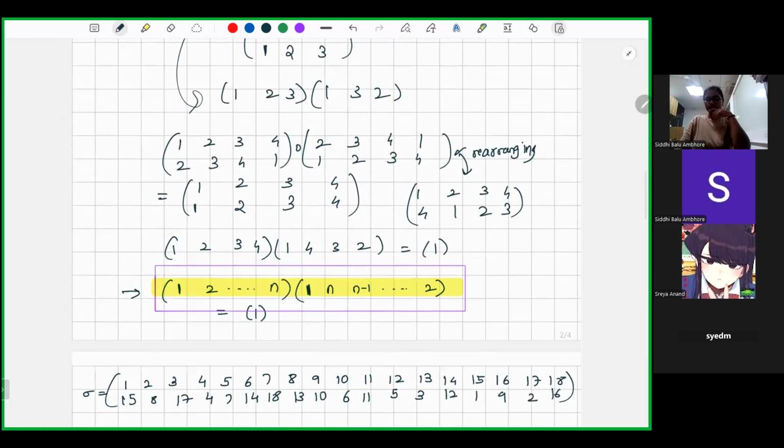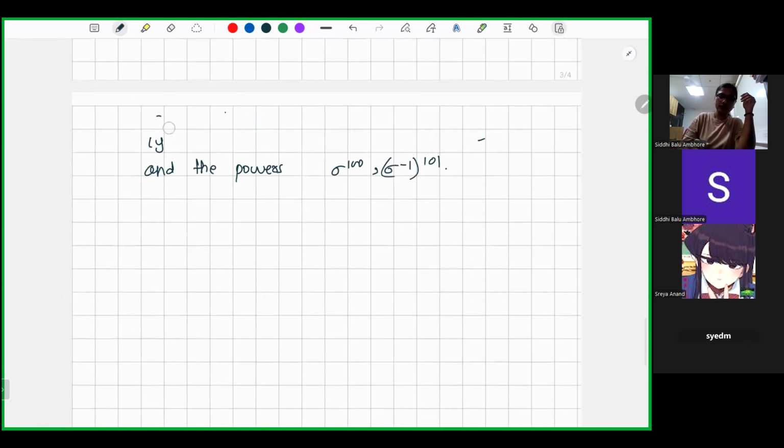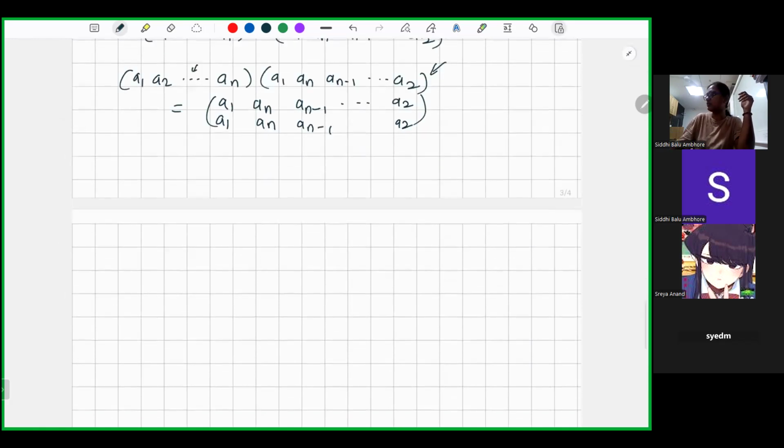So we have to now check orbits. I hope you know what orbits is. Orbits means where each element is going. So let me just recall what orbit means.